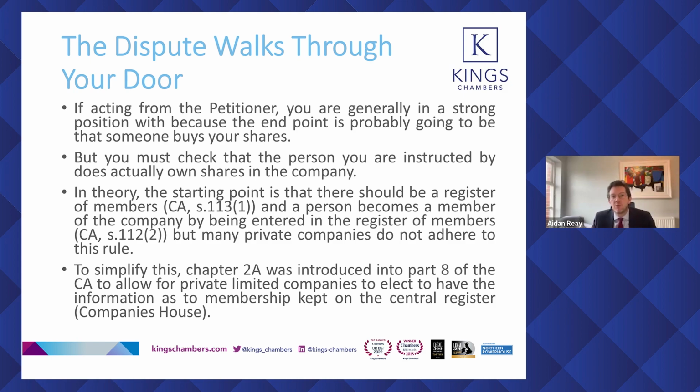You might do the two together from a procedural point of view, but the restoration to the register will logically have to happen first, and so that can impact case management.